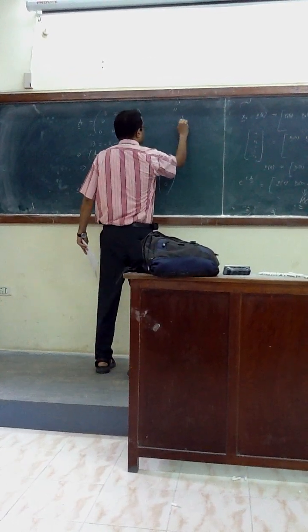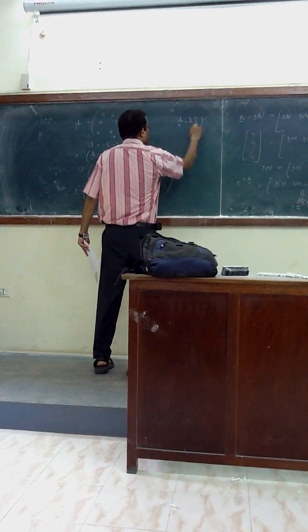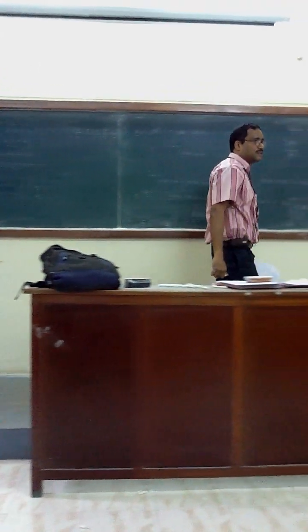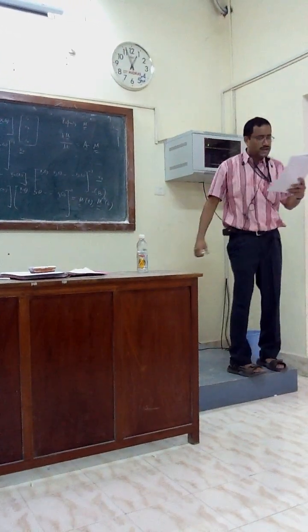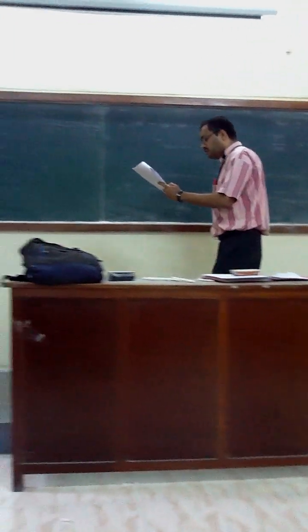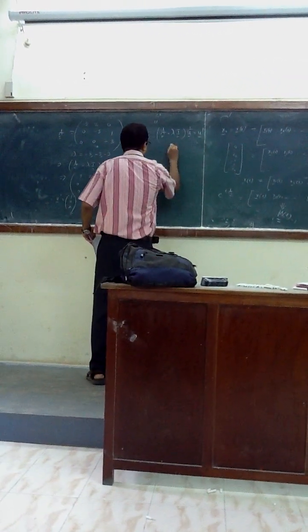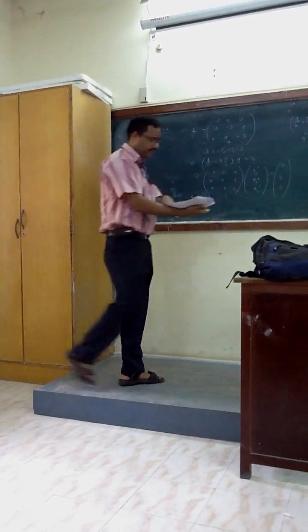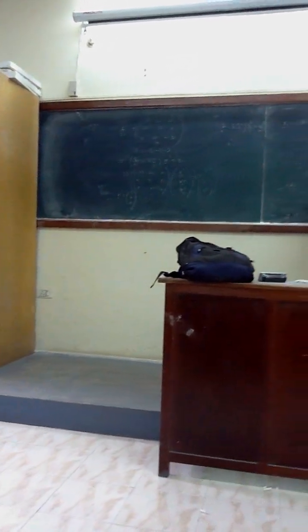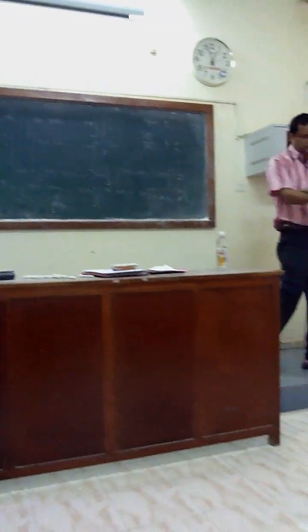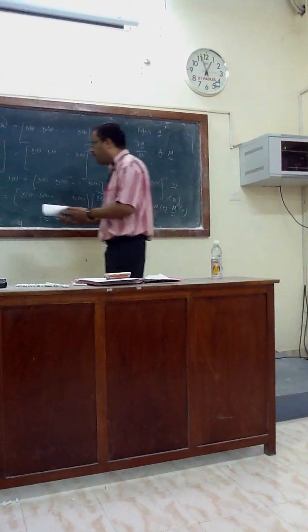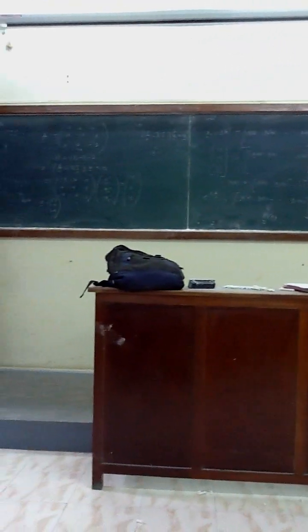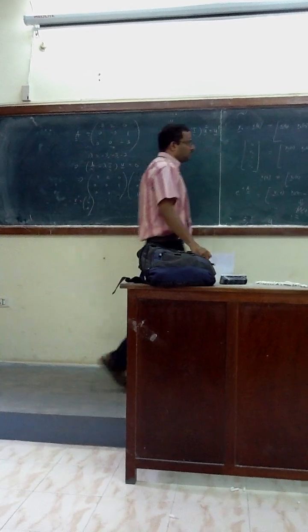Okay, next eigenvector. This is the generalized eigenvector: A minus lambda I times u2 equals u1.